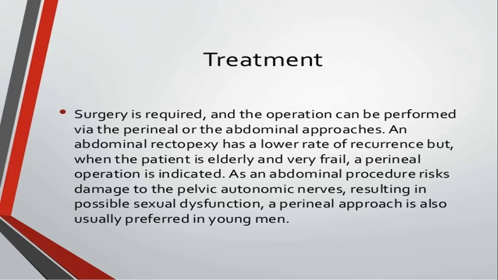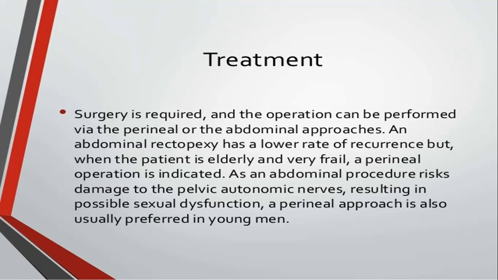Abdominal rectopexy has a lower rate of recurrence, but when the patient is elderly and frail, the perineal operation is indicated. Abdominal rectopexy has a really low recurrence rate, a high success rate.